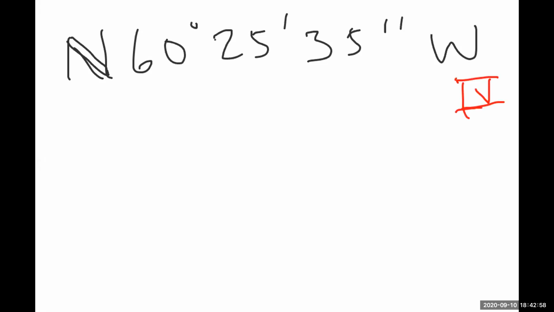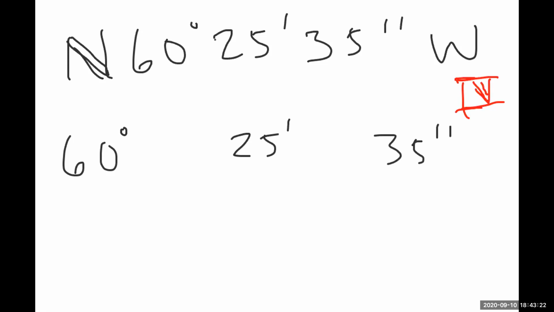Quadrant 4 is our quadrant, because we're starting at the north and falling towards the west. So here I'm going to pull this into 3 parts: 60, 25, and 35. Three equal parts. This is already in degrees, so I'm done.